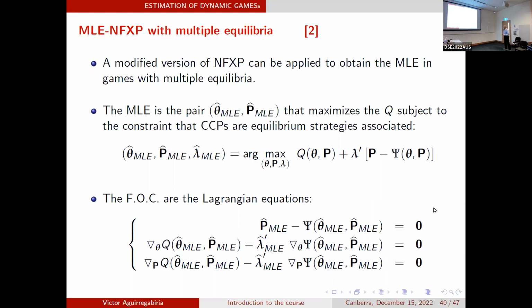In other words, we can consider the Lagrange equations that satisfy the first order conditions of this maximum likelihood estimator and look for a solution of these Lagrange equations. Then we have three sets of equations in the Lagrange condition.